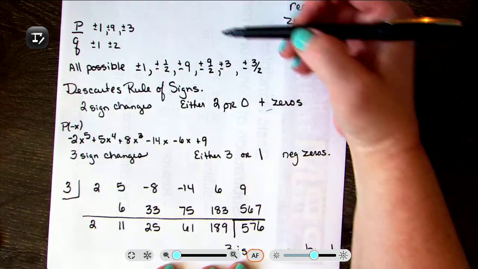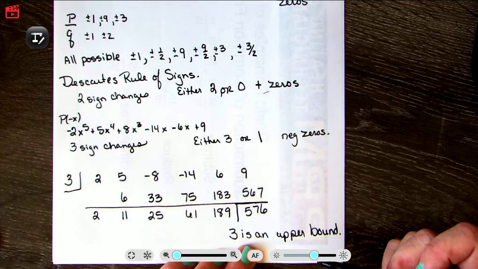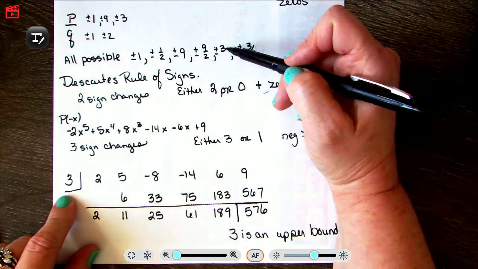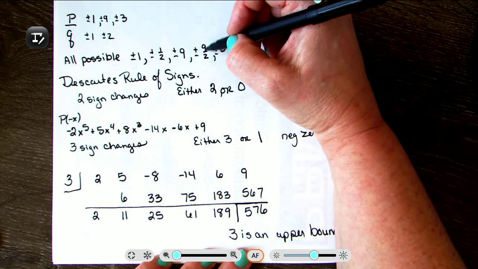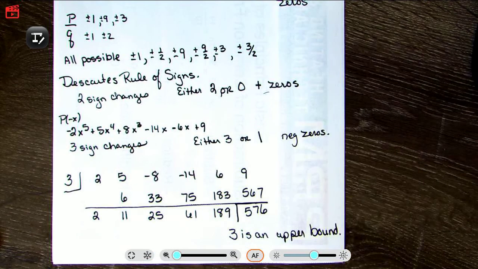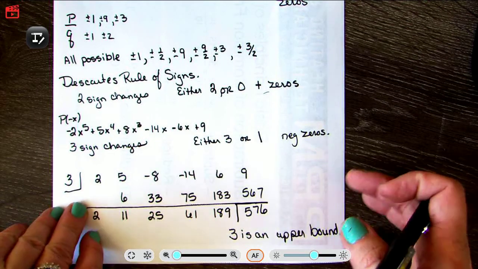So in other words, this just threw out a couple of my other examples. I know that 3 is not going to work, but I also know 9 isn't going to work, and I also know that 9 over 2 is not going to work. So I can check something a little bit smaller.